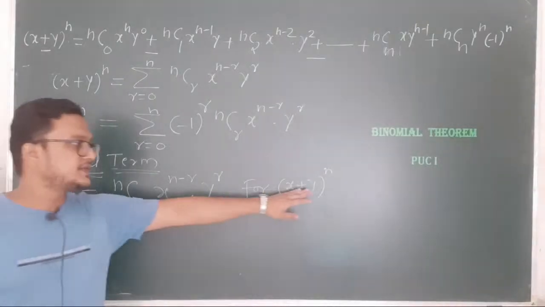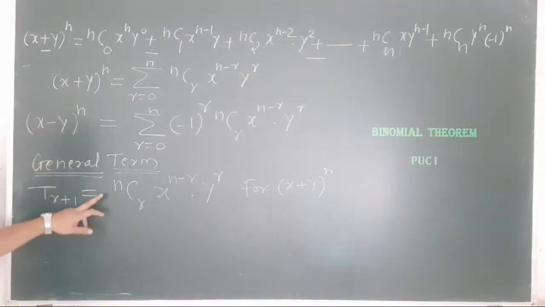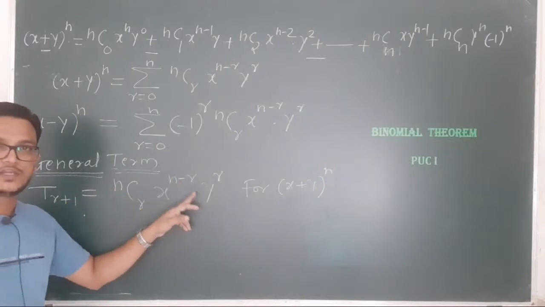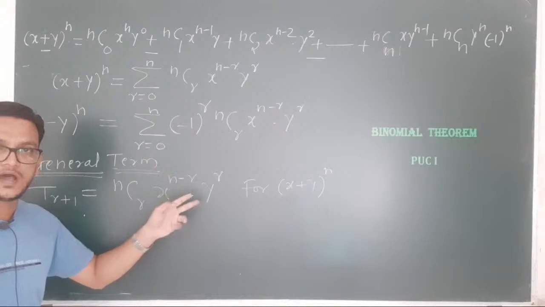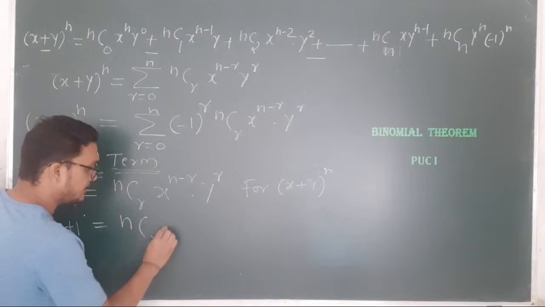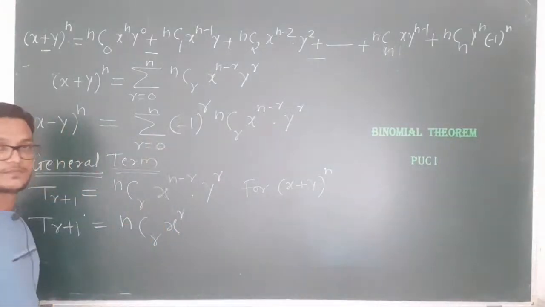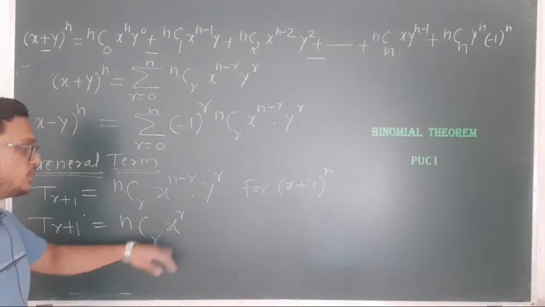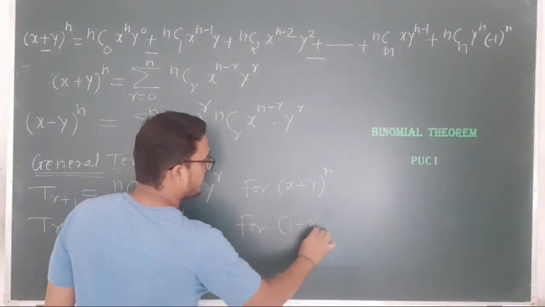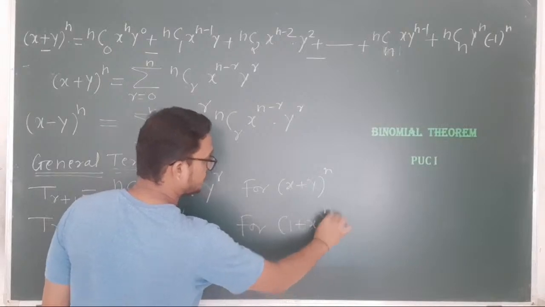So for this expansion, the general term is T(r plus 1) equals nCr x to the power n minus r into y to the power r. Next, another general term: T(r plus 1) is equal to nCr x to the power r. This is the general term for (1 plus x) to the power n.